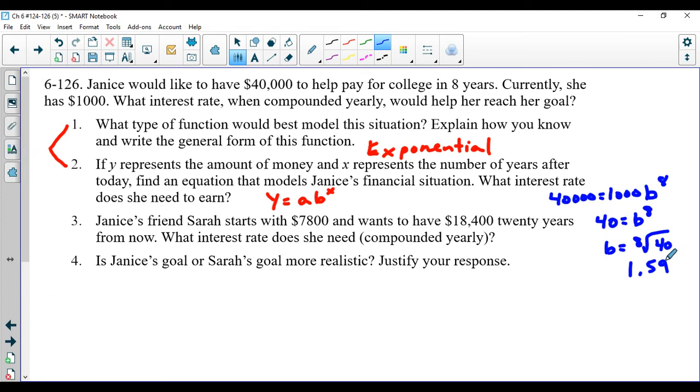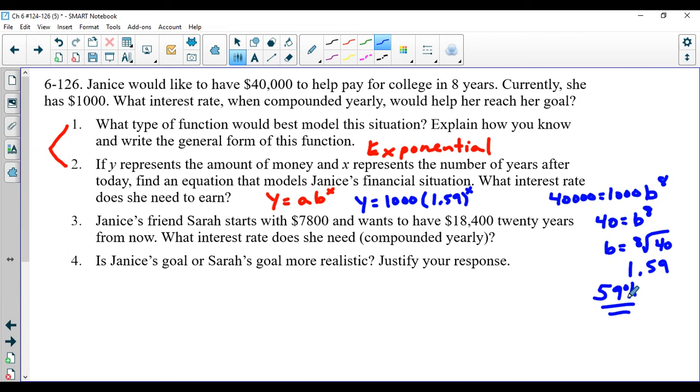So the equation we need is y equals 1,000 times 1.59 to the x power. So what interest rate does she need to earn? Well, 1.59 would mean she's increasing 59%. So she needs to get a 59% interest rate.